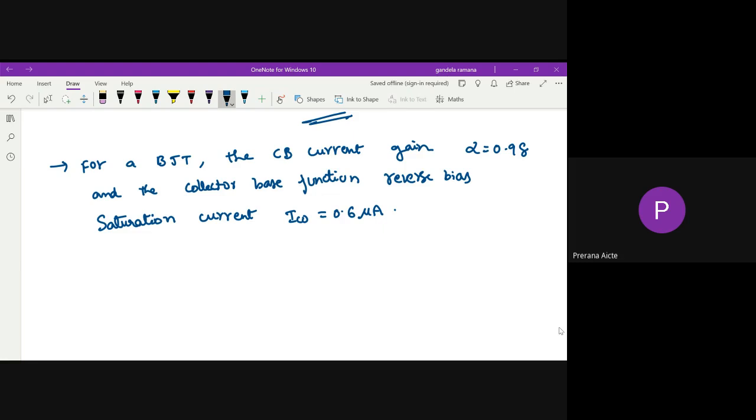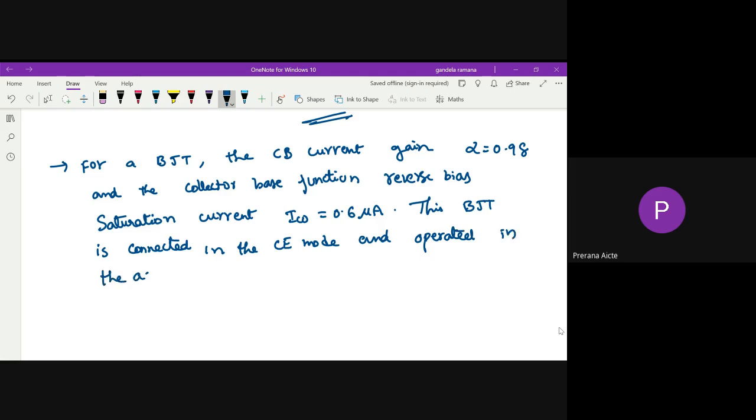This BJT is connected in the CE mode and operated in the active region with a base drive current IB equal to 20 microamperes.